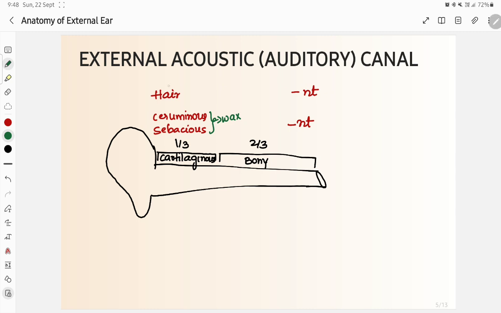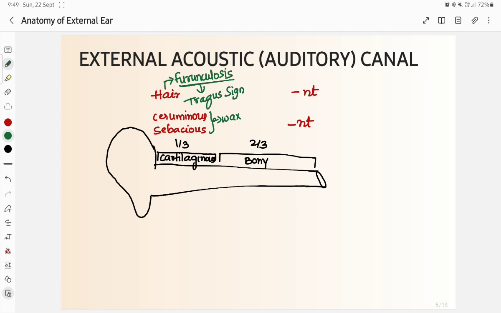When there is inflammation of these hair follicles, it leads to a condition called furunculosis. Now, when there is furunculosis of anterior wall of the EAC, it will lead to a sign called tragus sign. Do remember, it is very important in your practical exams.